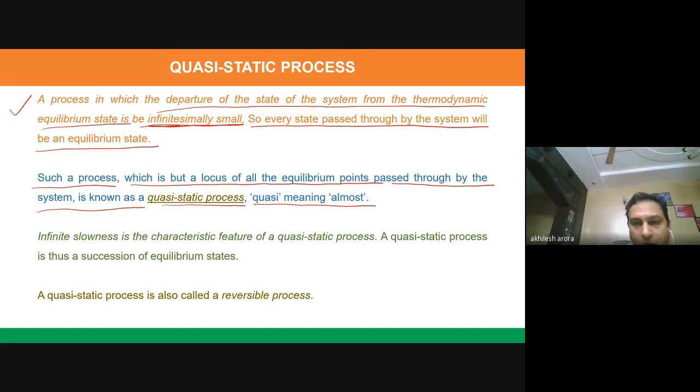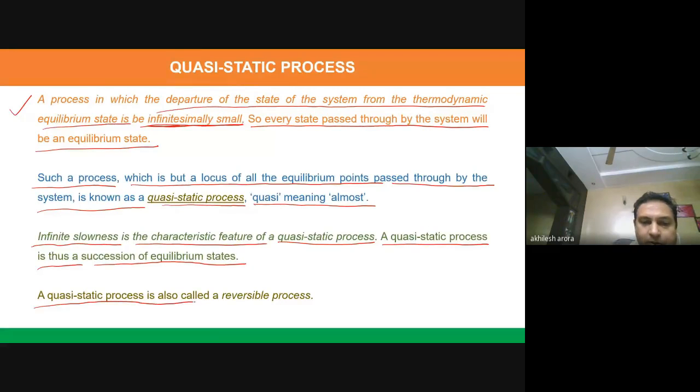Quasi meaning almost. The characteristic feature of this process is infinite slowness. A quasi-static process is thus a succession of equilibrium states. A quasi-static process is also called a reversible process.